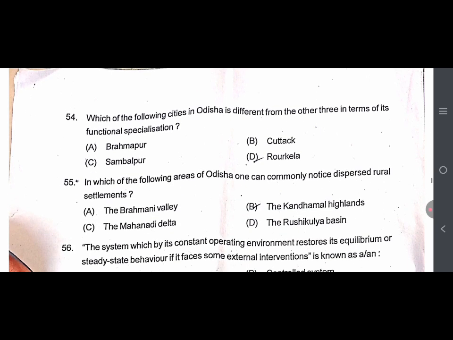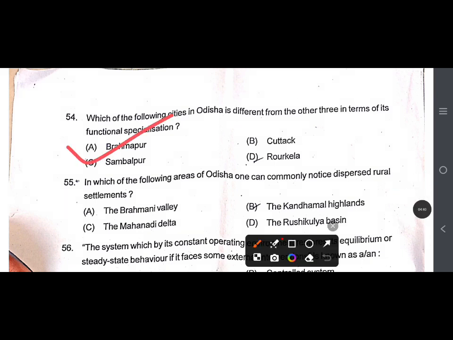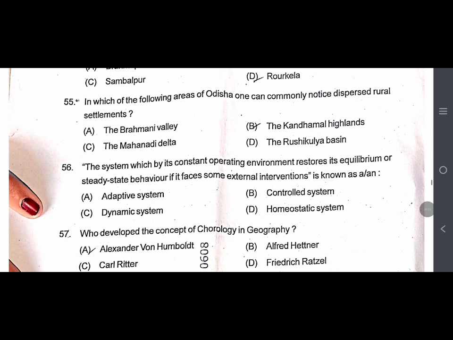54. Which of the following cities in Odisha is different from the other three in terms of its functional specialization? ठीक आंसर टी हबो बरहमपुर 55. In which of the following areas of Odisha one can commonly notice dispersed rural settlement? ठीक आंसर टी हबो ऑप्शन ए 56.